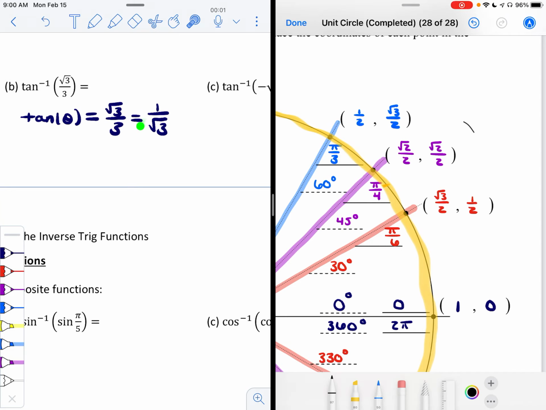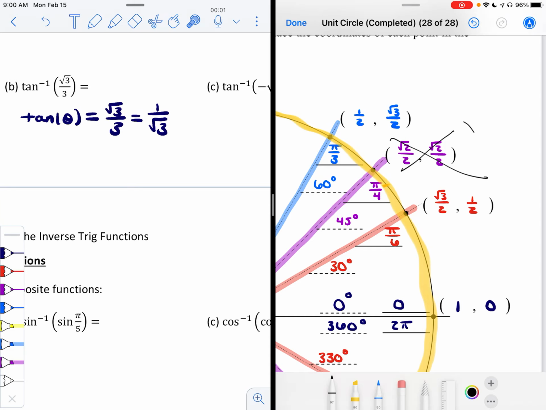And if we want a root 3 in the denominator, we had to have had something with a root 3 in the denominator on our unit circle. Well, our only options on the unit circle are a 1/2, a root 3 over 2, and a root 2 over 2. So I know we're not looking at the root 2 over 2's because there's no root 3's in there. That isn't going to give us what we're looking for.